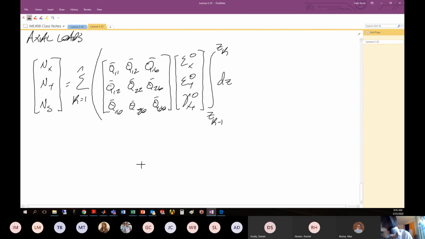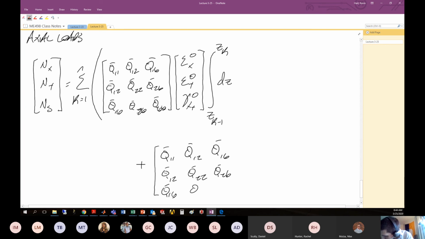This is going to be plus, we're still in the parentheses here, the contributions coming from the curvatures, which is Q bar 11, Q bar 12, Q bar 16, Q bar 12, Q bar 22, Q bar 26, Q bar 16, Q bar 26, and Q bar 66, multiplied by the curvatures that I created.